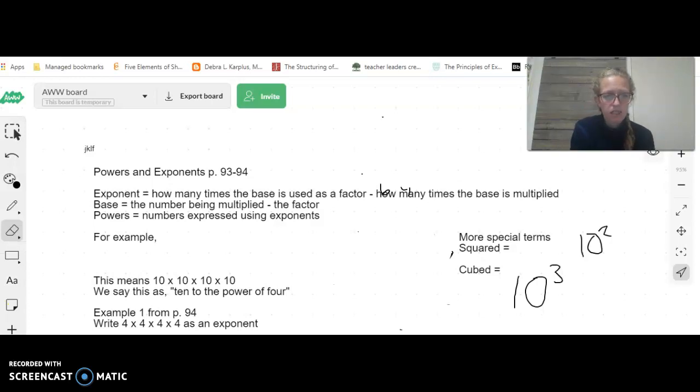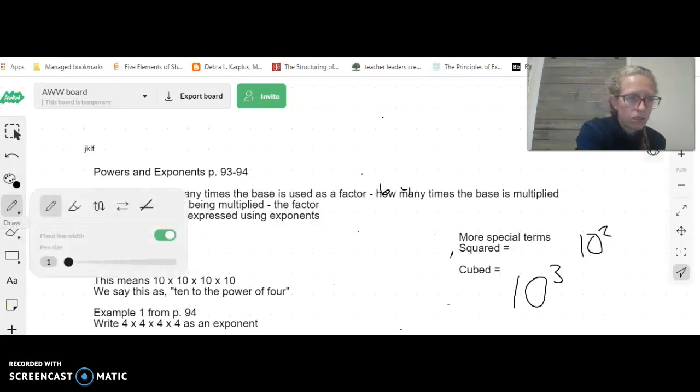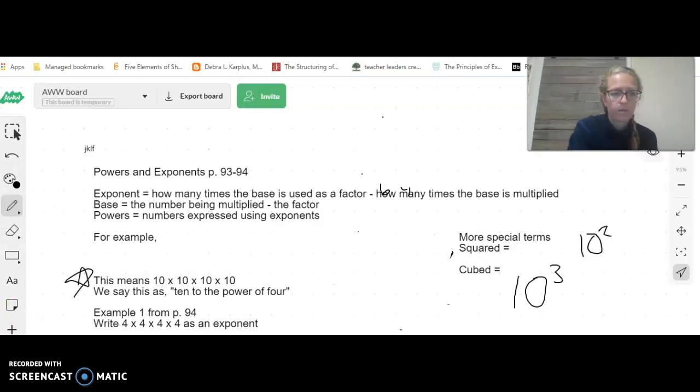So when we look at this little example, notice that we're saying the base number comes first. 10 to the power, think of the 10 like lifting up, giving the exponent its power, 10 to the power of 4. 4 is the amount of times. So which one would be my base? 10 to the power of 4. And I can check. How many 10s are there? 1, 2, 3, 4. Beautiful. 10 to the power of 4. Okay?